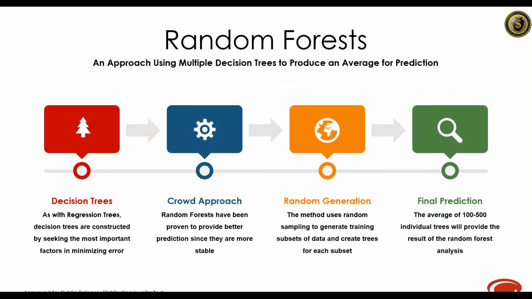Random forests. They're a great follow-on to regression trees because random forests are a collection of decision trees and is also an ensemble method. The trees have the same layout as a typical regression tree with the nodes, branches, and leaves, and they also split the same way. They split based on the most important factors in the data set that are minimizing the error.